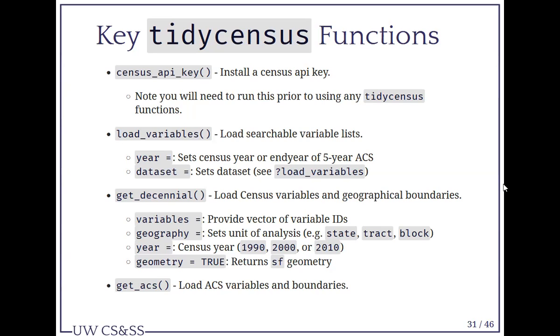I don't remember how far back tidycensus goes. I'm not sure that even IPUMS has like the 1930 census. I assume that they do, but I'm not sure tidycensus does. I haven't tried. You also will probably want to use geometry equal to TRUE in order to get your spatial features. get_acs does the same thing as get_decennial, but for ACS data.